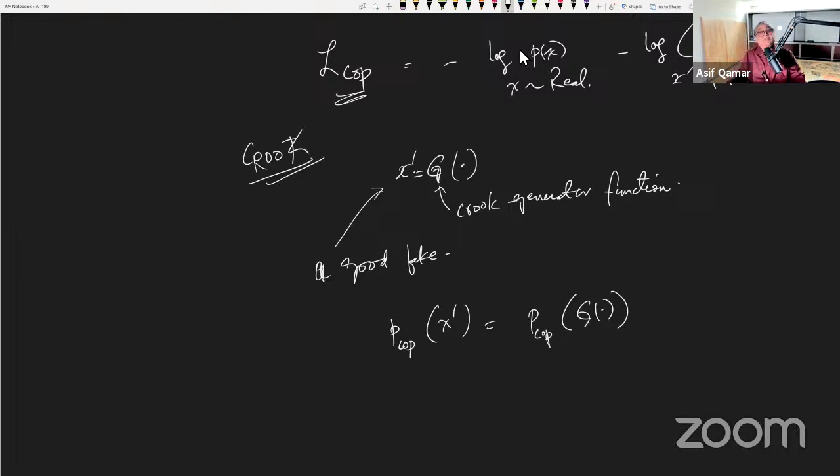And what will the crook want to do? The crook wants to maximize the probability of real that the cop perceives.